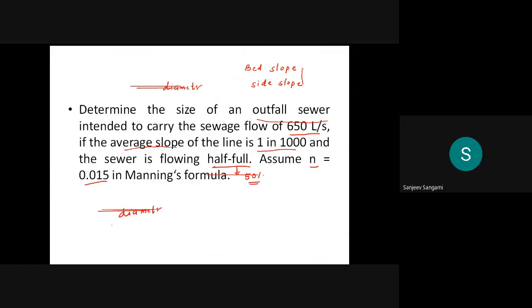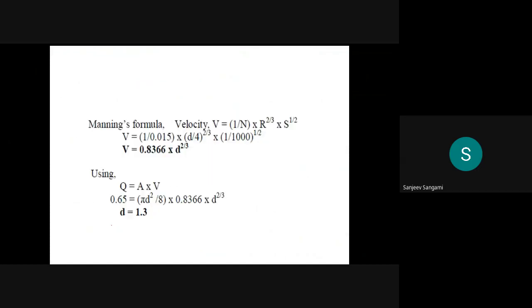After that we have to use the Manning's formula to calculate the velocity. So now move on to the Manning's formula. Apply this. So we have V is equal to 1 by n.